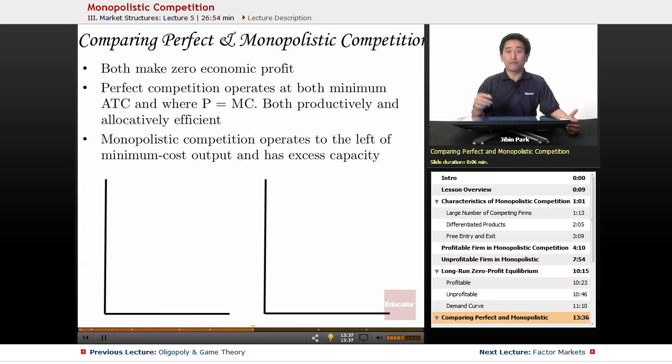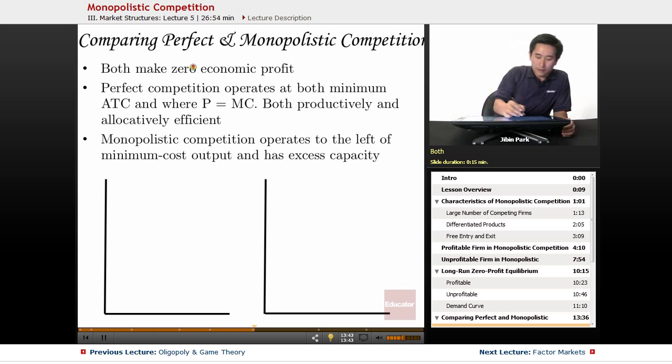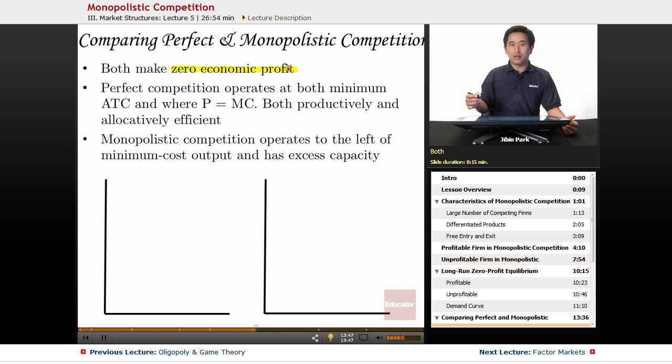So let's compare perfect versus monopolistic competition. How that actually would look like here. What are some commonalities here? Well, both make zero economic profit. So that's something that is very similar. There's no economic profit to be made. So there is accounting profit, but there is no profit beyond the opportunity cost.